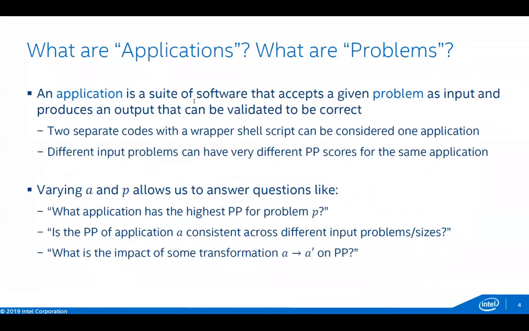Okay, and so the next couple of slides, I'm going to talk about some of the other terminology in the metric and definition. So when we say application, we really mean anything that can accept an input problem and produce some output. And that seems a little fuzzy and vague, but it's deliberate because we want to allow for an application to be something as simple as a shell script or a library API that actually calls out to different applications on different platforms.